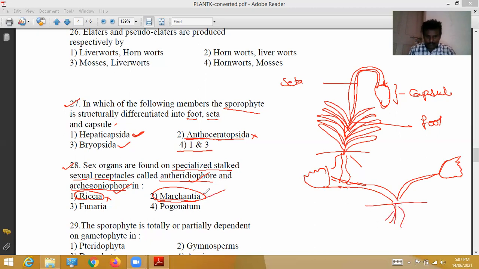These bear antheridia and archegonia, and they are found only in Marchantia. Funaria is a moss, so it is not related to this question. Pogonatum is also not related. The remaining three options are wrong. The correct answer is the second option.